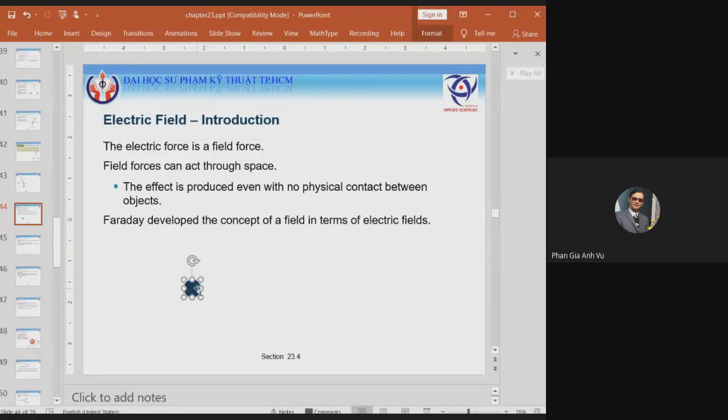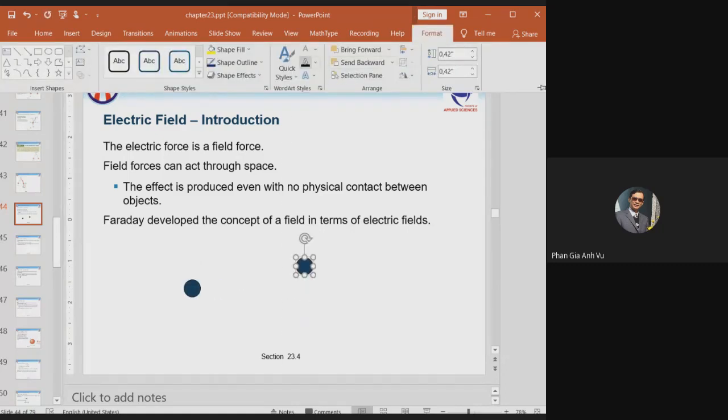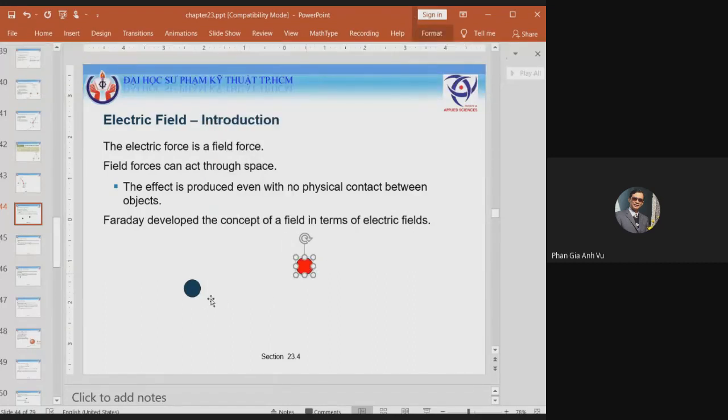I know that when I put another charge here, the red and the blue one, if they are on opposite sides, positive, negative, then the force on the red charge here will be this way. Okay, this is the attractive force. But what happens when I don't have this charge? Is there anything at this point?